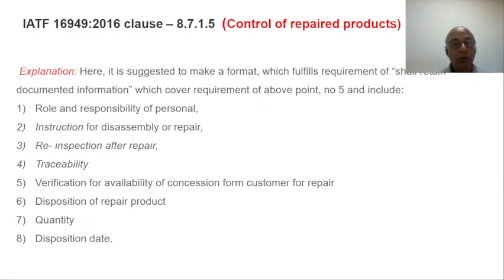This format should include: roles and responsibility of the person, instruction for disassembly or repair, re-inspection after repair, traceability, verification for availability of concession from customer for repair, disposition of the repaired product, quantity and disposition date.